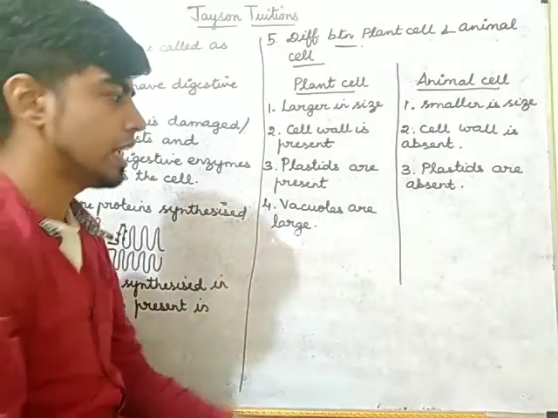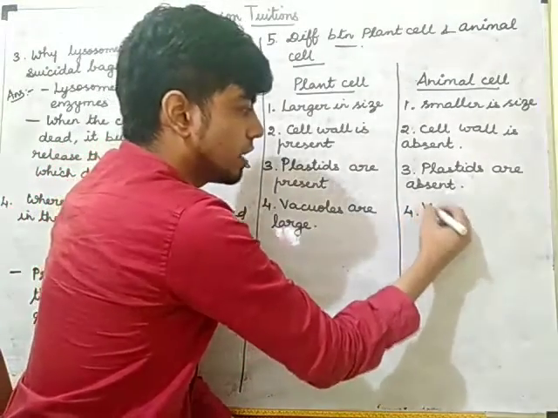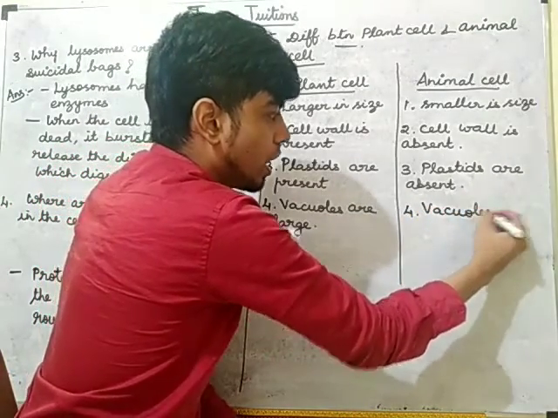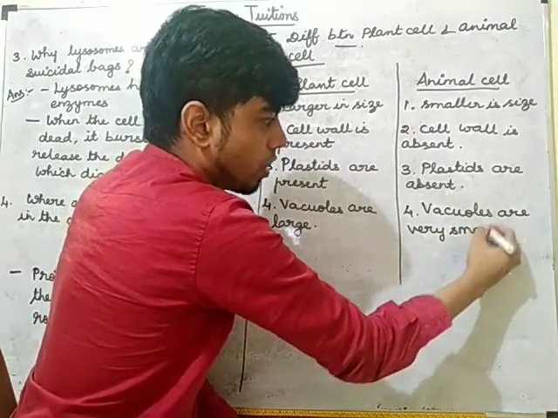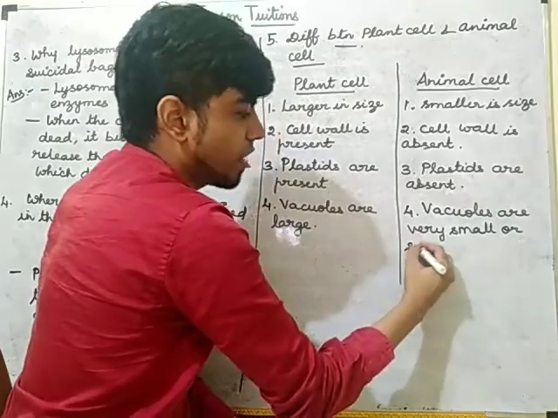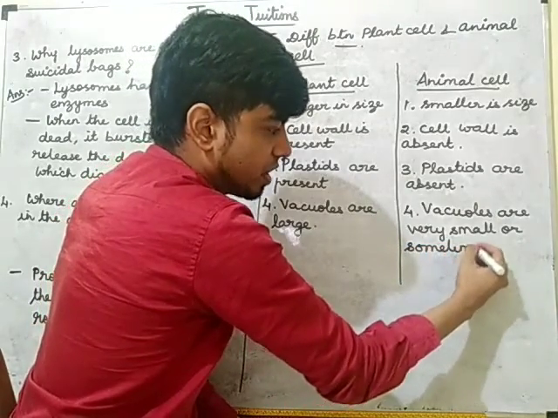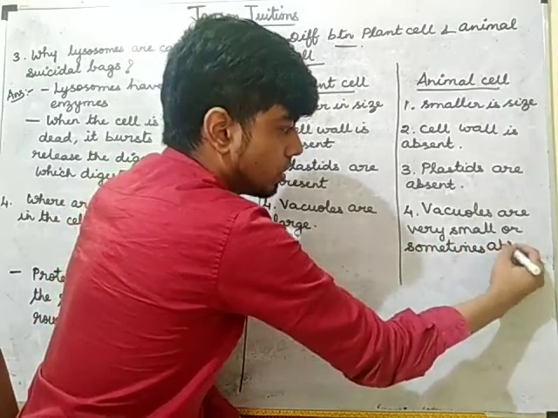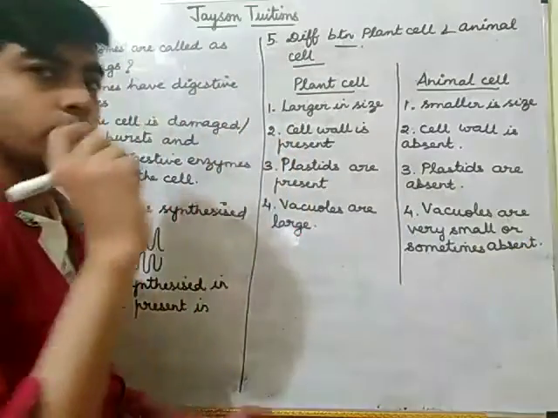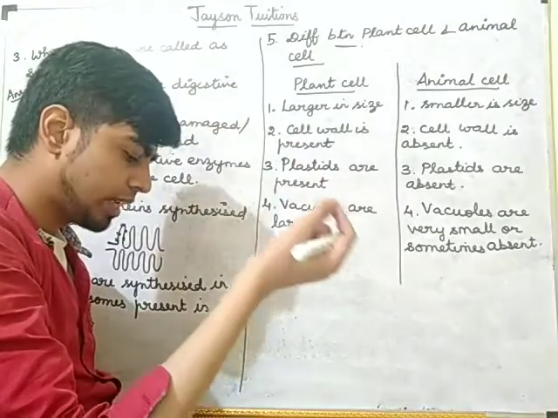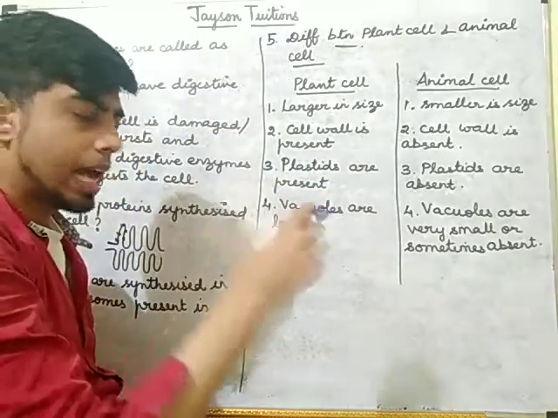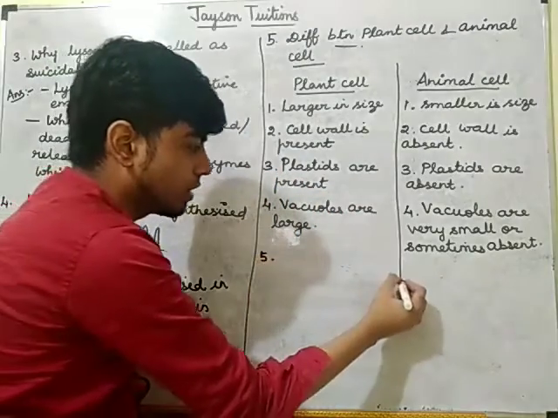In animal cells the vacuoles are very small, or sometimes absent, depending on the animals.